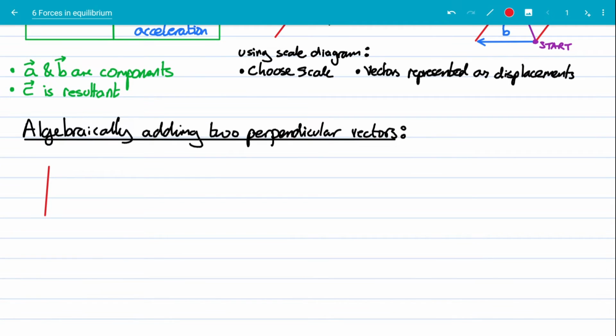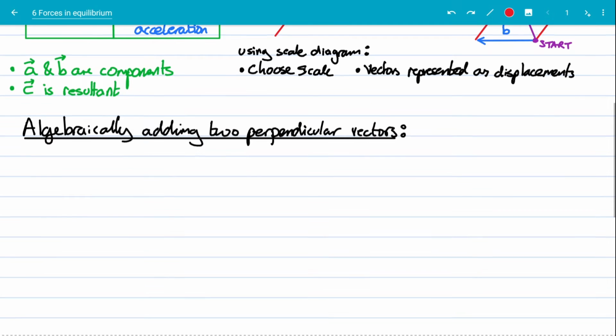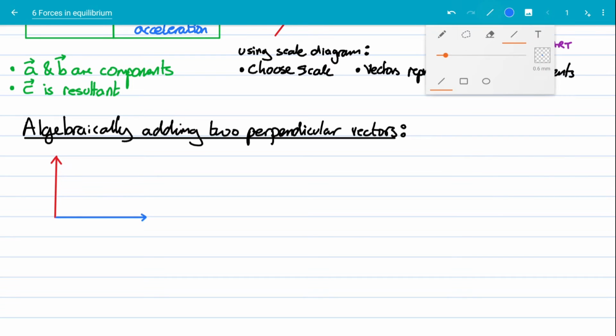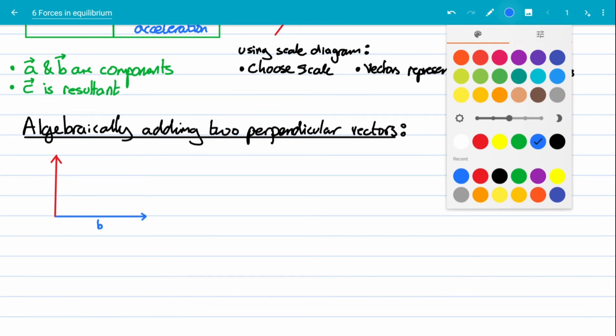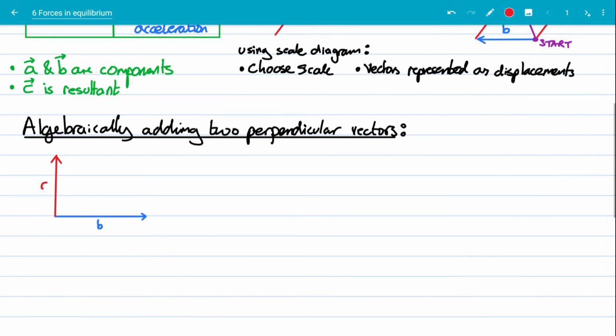So we have, let's have this one here, and let's say that this one here is vector A. Let's then get vector B, which is going to be here. Let's have it a tiny bit longer, no reason. Just like this. This is vector B, so I'm labeling it. And this is vector A, so I'm labeling it.